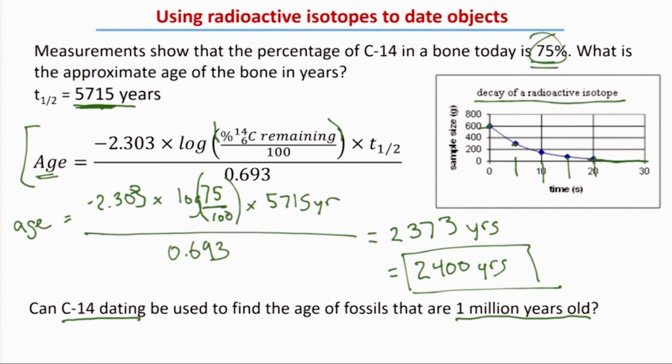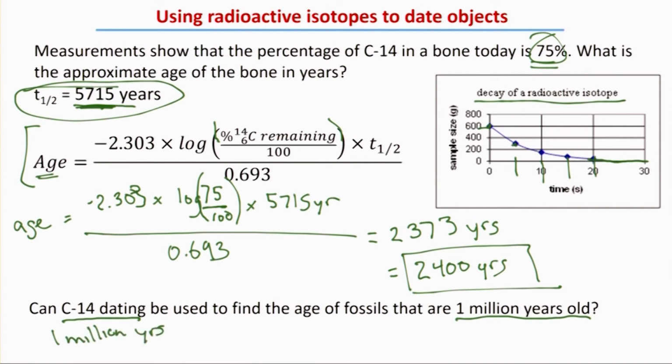If you have an object that you think is around 1 million years old, and you're using carbon-14, whose half-life is not near 1 million, it is 5,715 years, how many half-lives does this decay through in 1 million years?